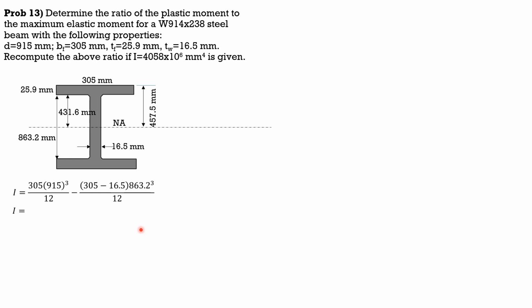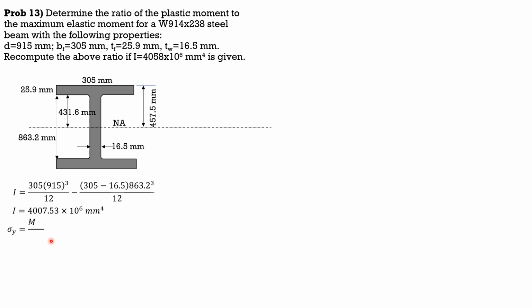So therefore, I is 4007.53 times 10 to the 6 mm to the fourth, which is expected less than the actual moment of inertia as stated earlier. But that's just a small discrepancy because that's a lesser percentage.